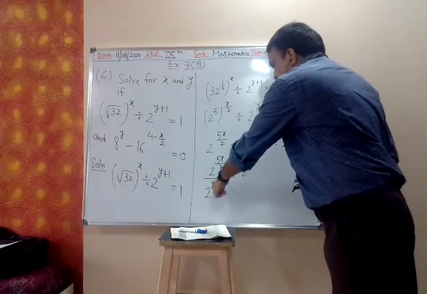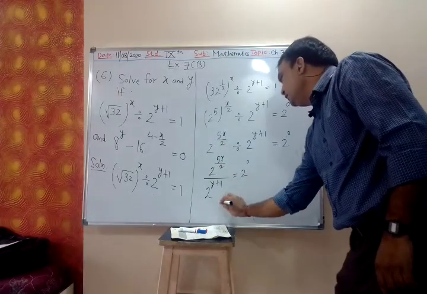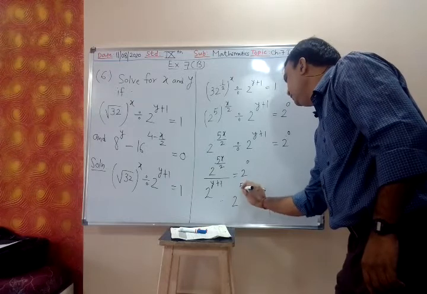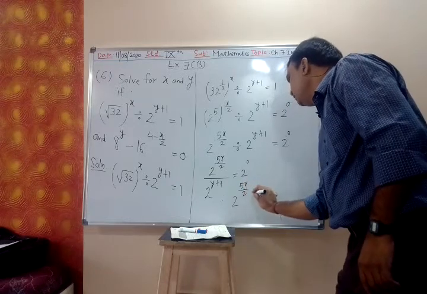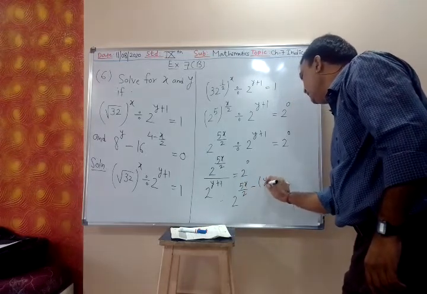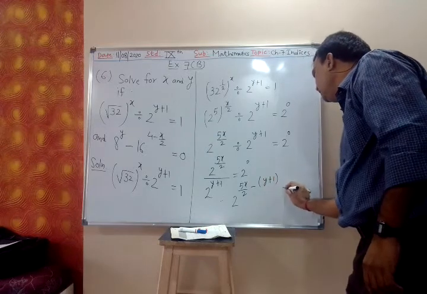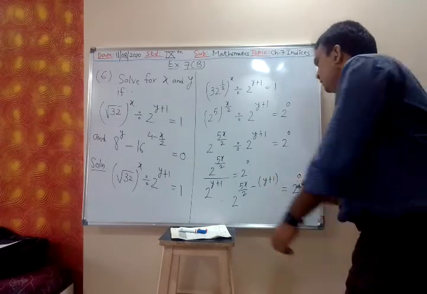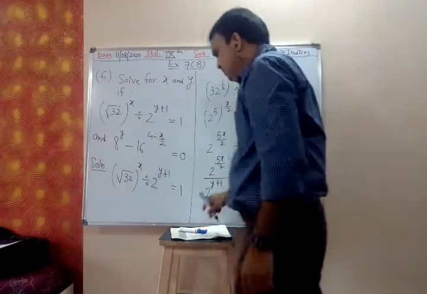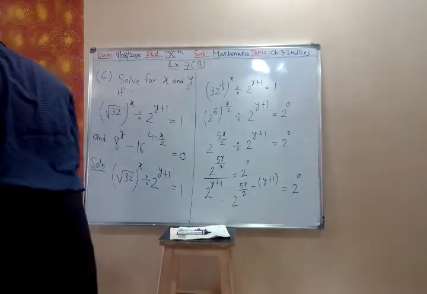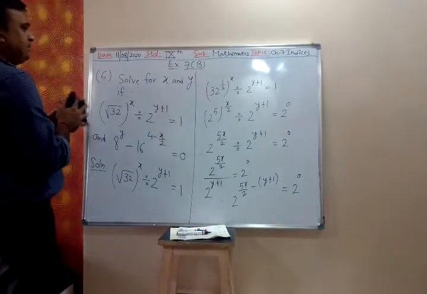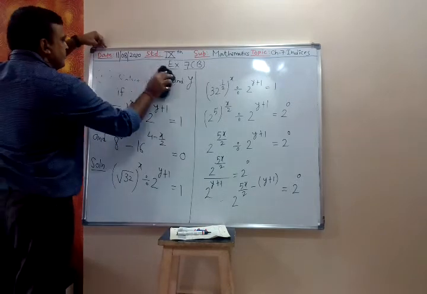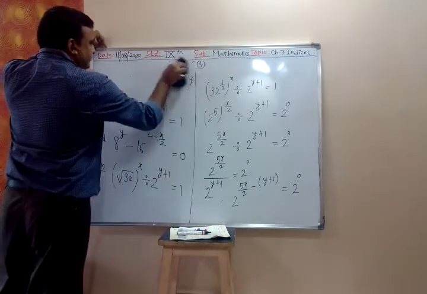So now what will we get? 2 raised to 5x by 2 minus y plus 1 is equal to 2 raised to 0. Power divided by power, you have to subtract the power.